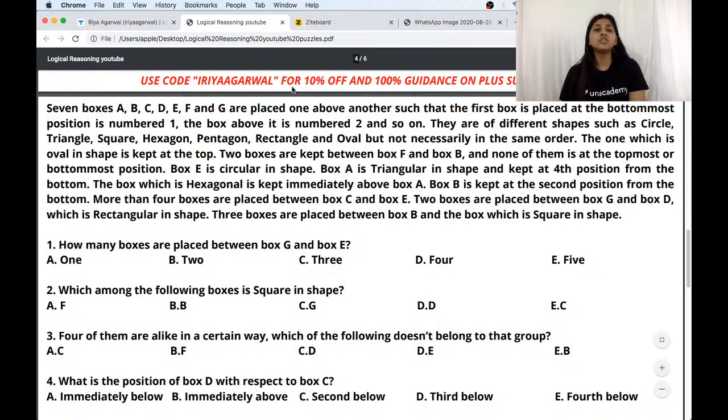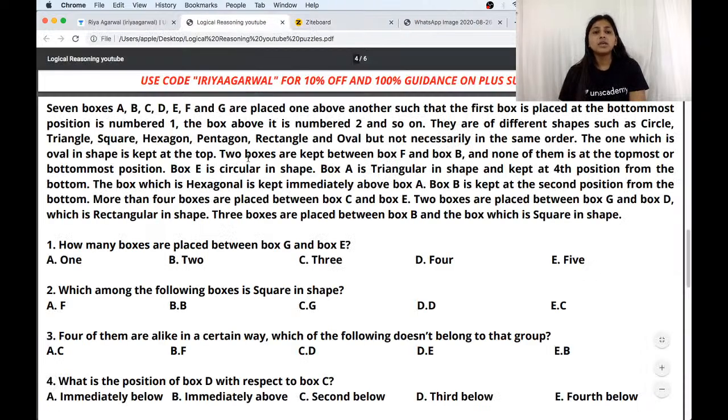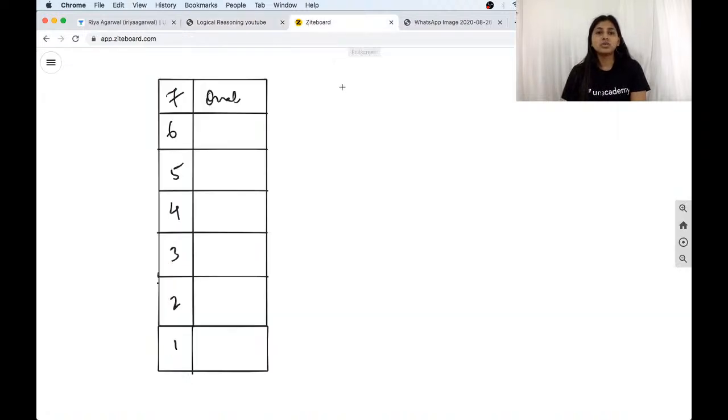The one which is oval in shape is kept at the top. Oval is at the top. 2 boxes are kept between box F and box B. 2 are kept between F and B, but in any order. यानी कि B पहले हो सकता है फिर F, या फिर F पहले हो सकता है फिर B. Let's write these numbers outside so that we can put A, B, C, D, E, F here.